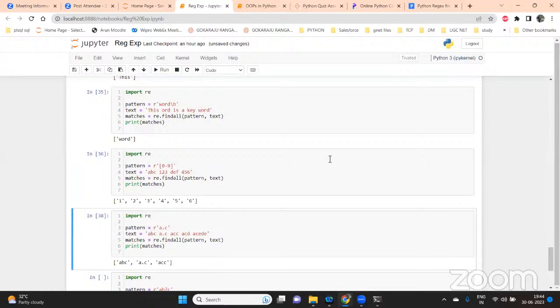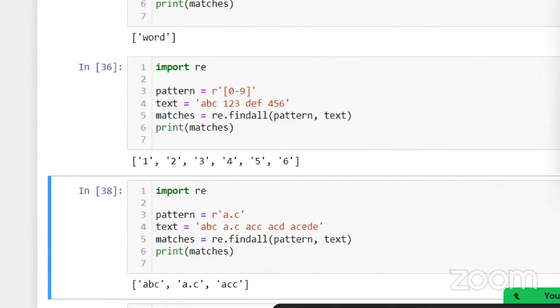Who gave the answer correctly first? Rishi. So Rishi will explain how we got this. Come on, Rishi. Hello. Dot only works for new line characters.